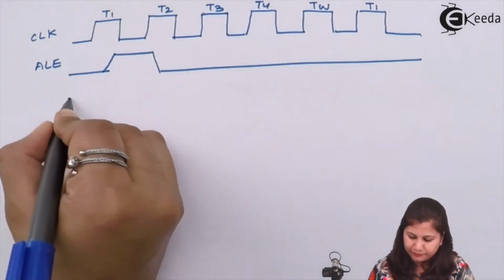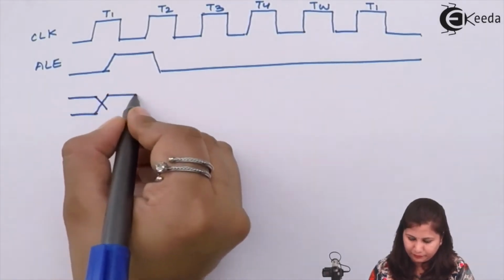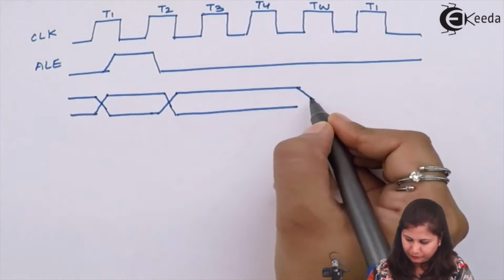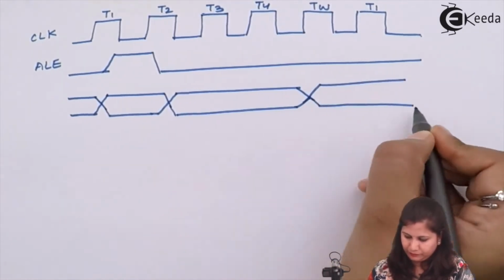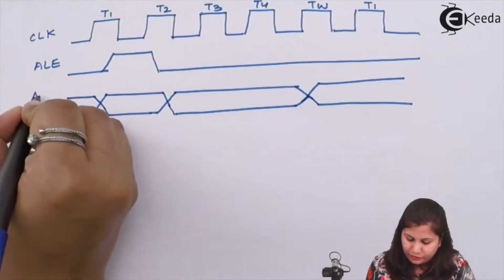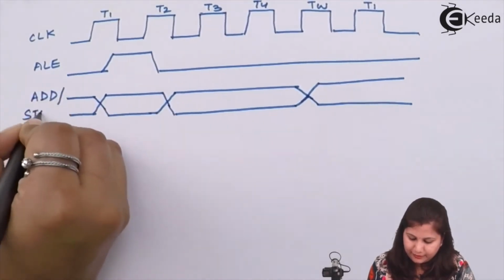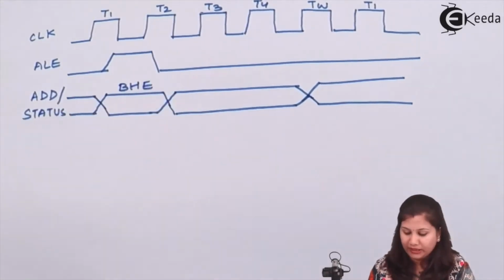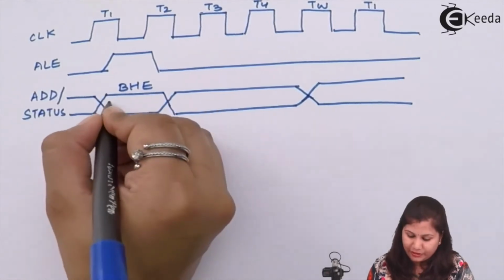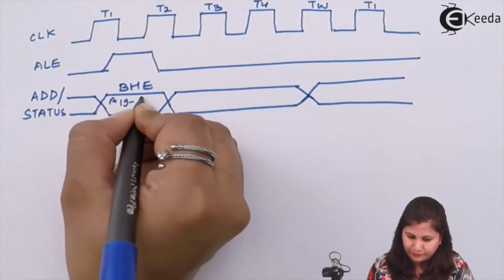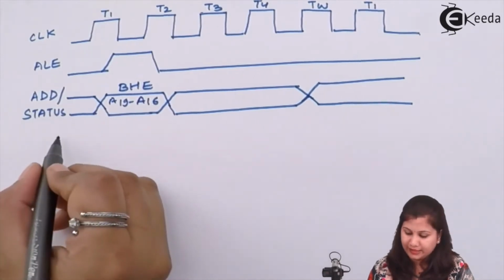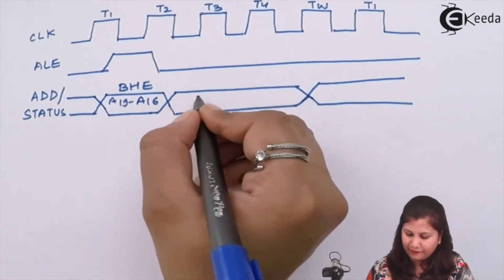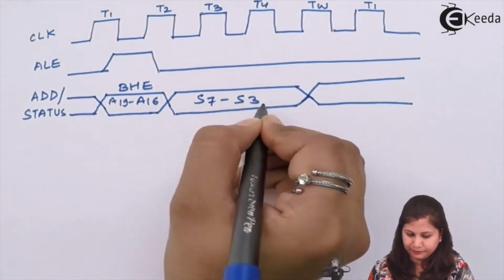So here we have the address and the status signals. When the bus high enable signal is high, the address is placed on this address and status bus, and after the T state, we will have the status signals over here.